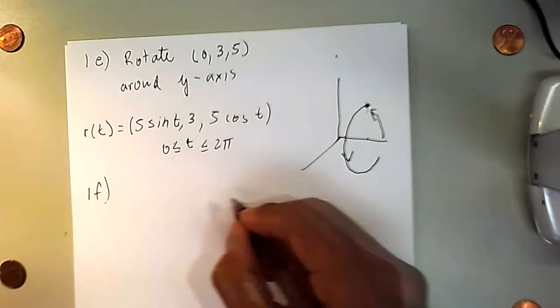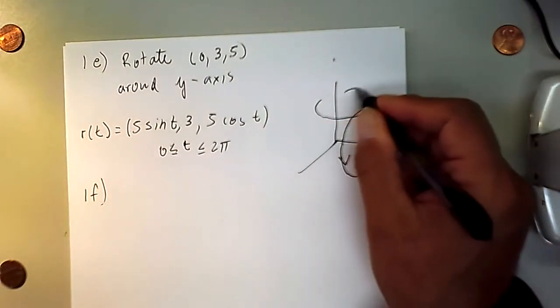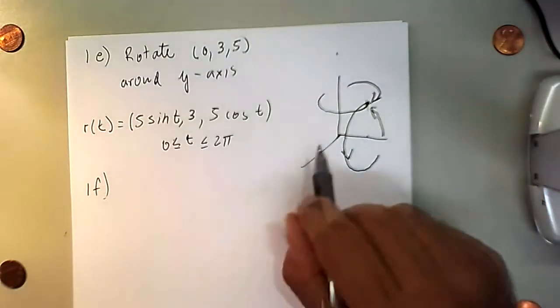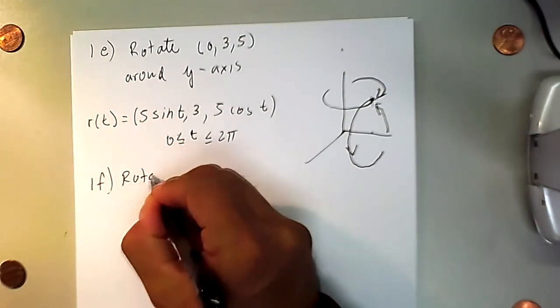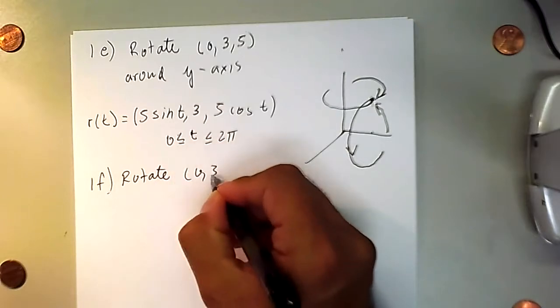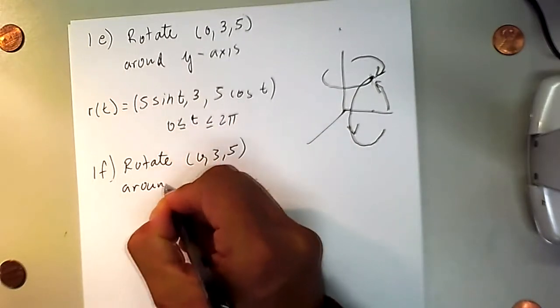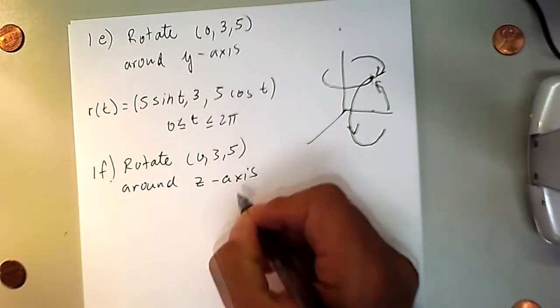Example 1f, what if we want this to rotate this way? So rotate 0, 3, 5 around the z-axis.